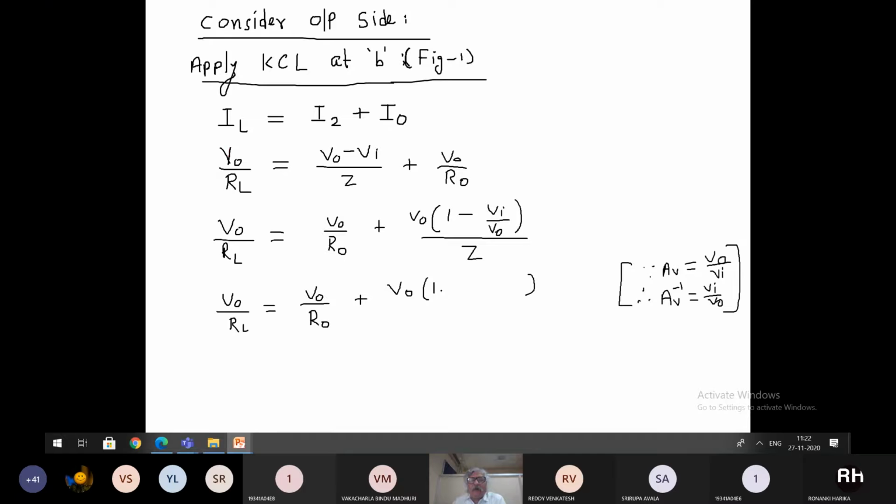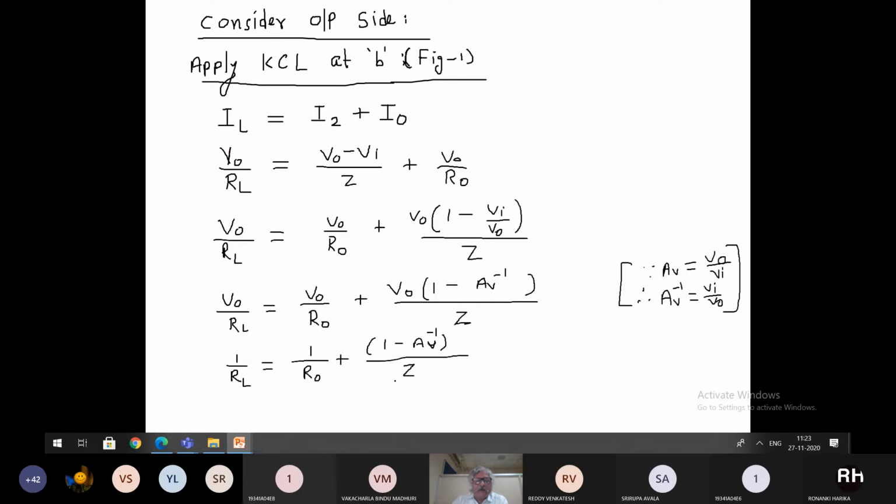So it will be 1 minus AV inverse, by Z. Now V0 is common in all these three terms, so we remove it, and 1 by RL is equal to 1 by R0 plus (1 minus AV inverse) by Z.